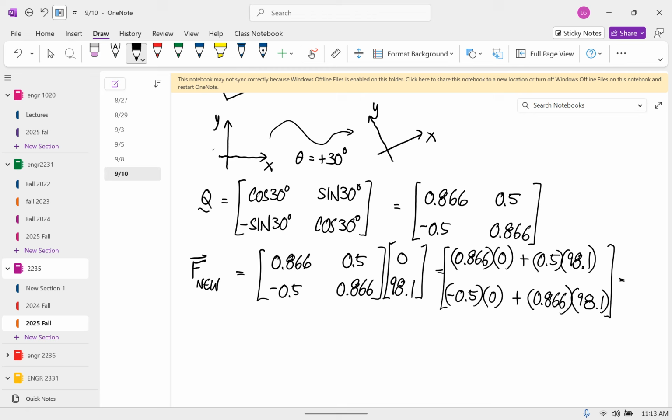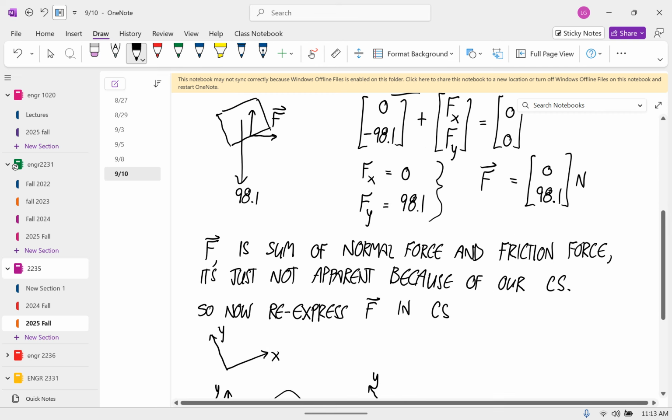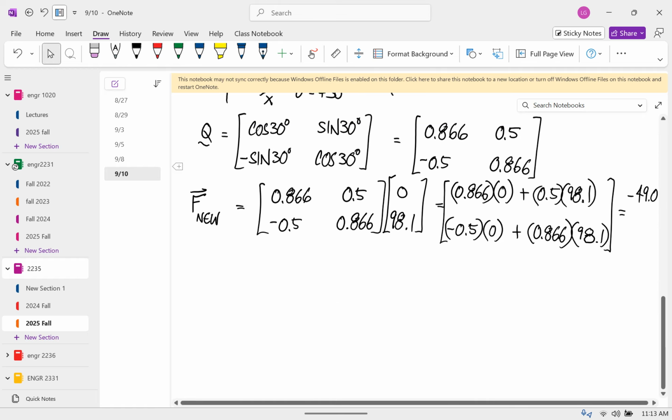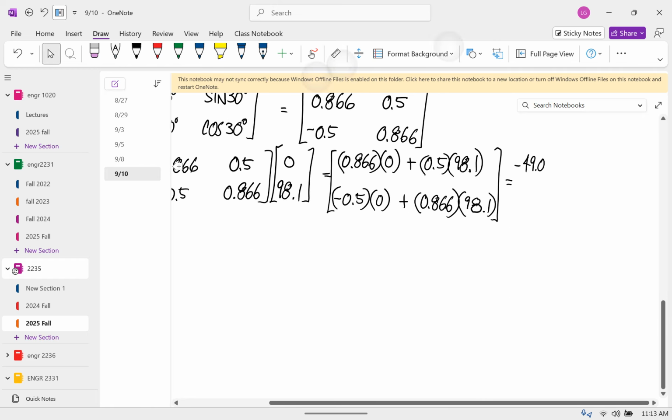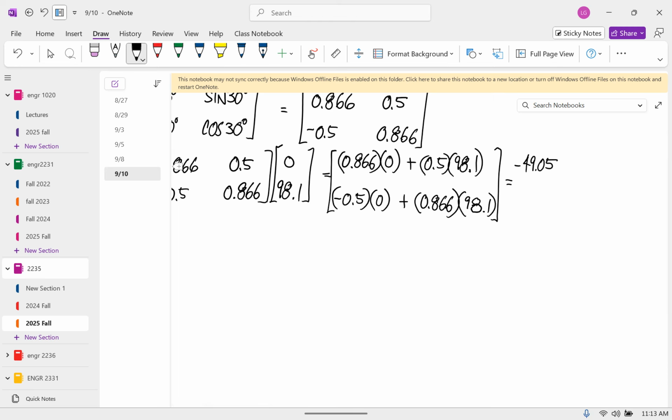And what you get is negative 49.05 for the x component. And I got positive.